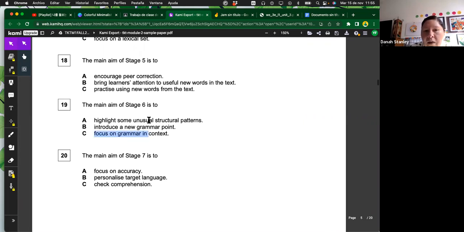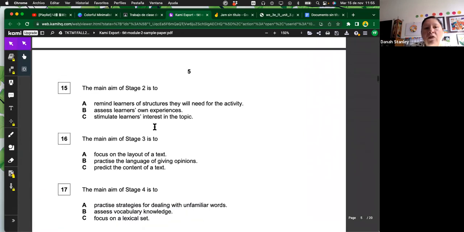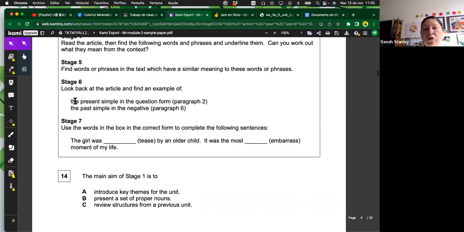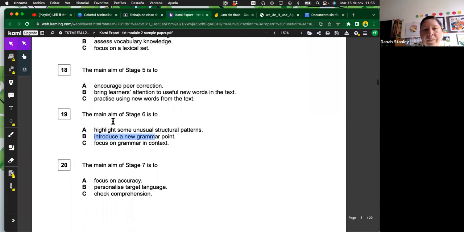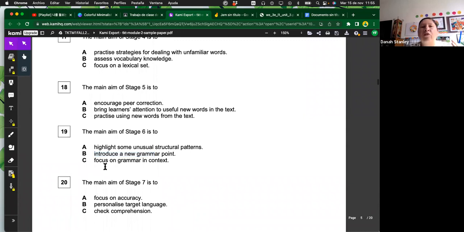No, you are not highlighting some unusual structures. No, porque ya lo saben. Because even you are indicating what they are just going to recognize, no? What is the reading sub-skill I use for identifying specific information? Ya se los dije. Reading for specific information, no?